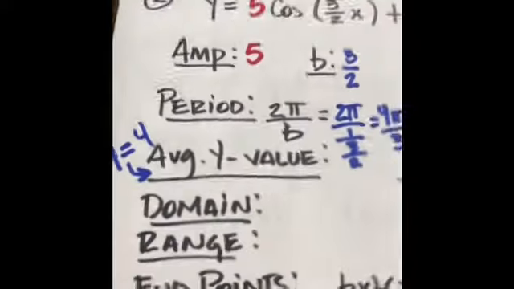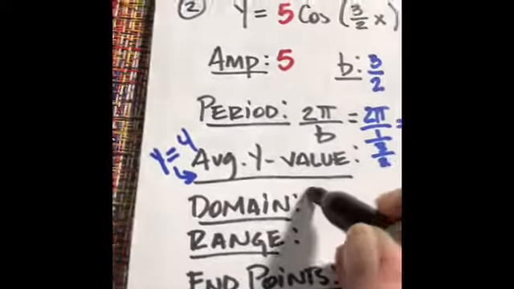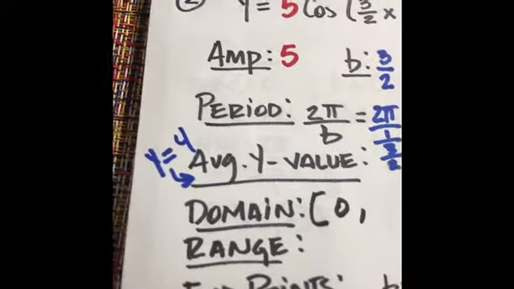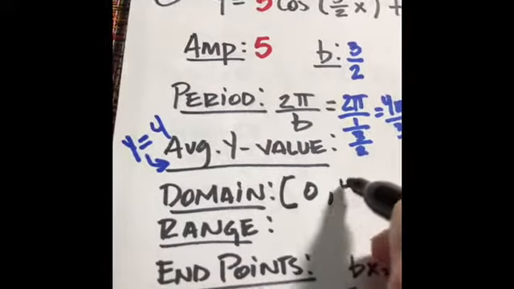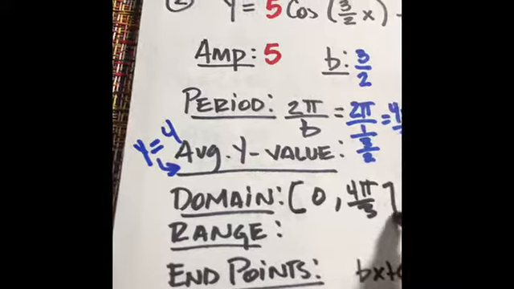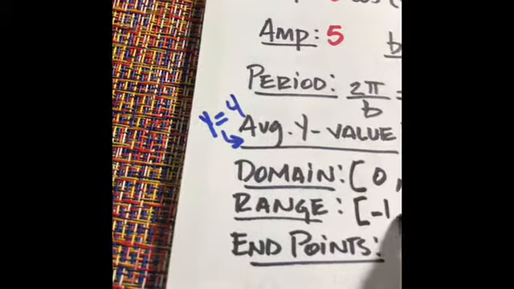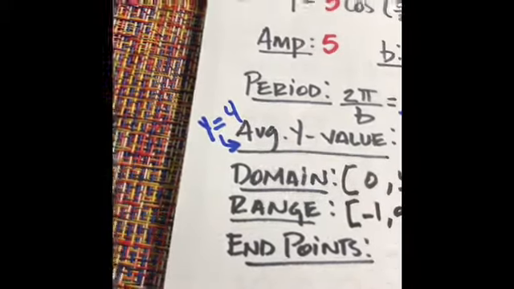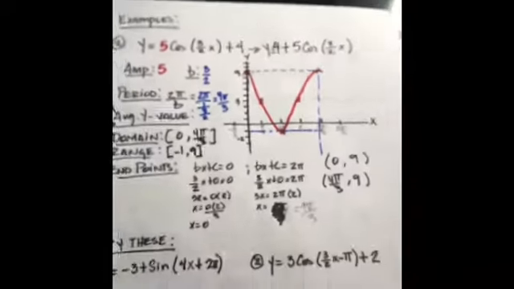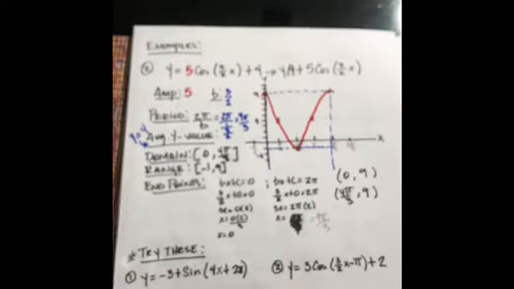Now the domain goes from 0 to 4 pi over 3, and the range goes from -1 to +9. And that is a complete problem.